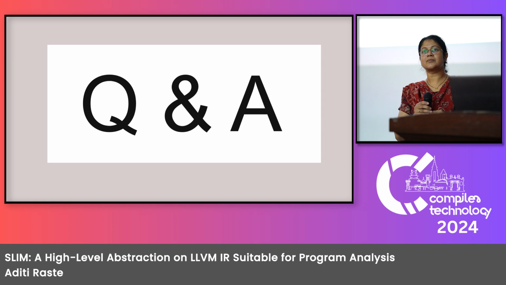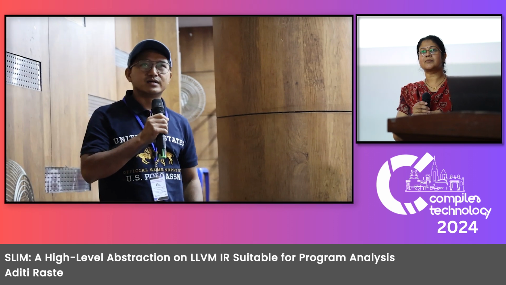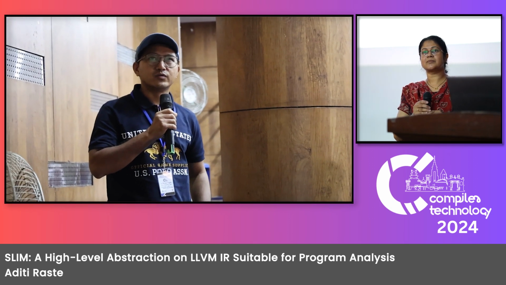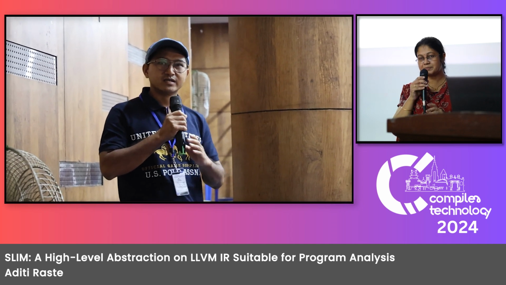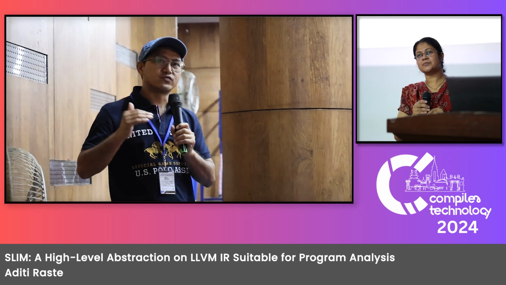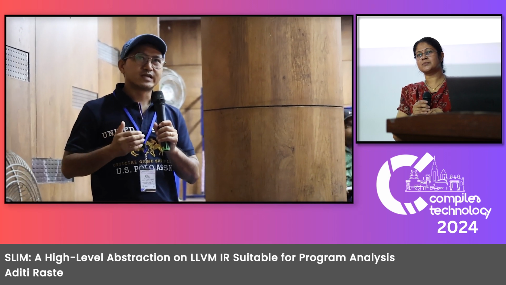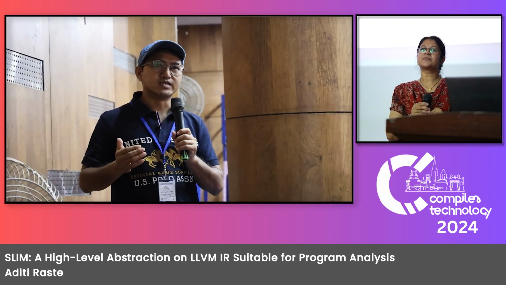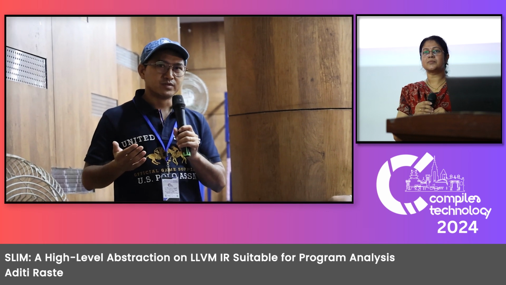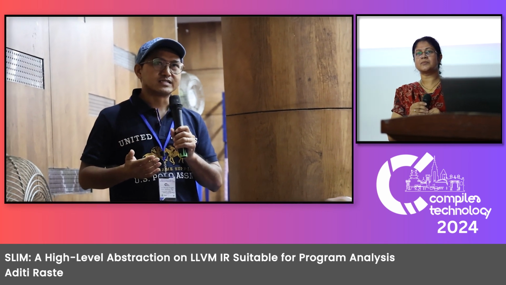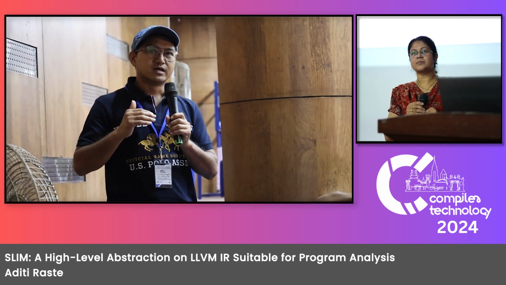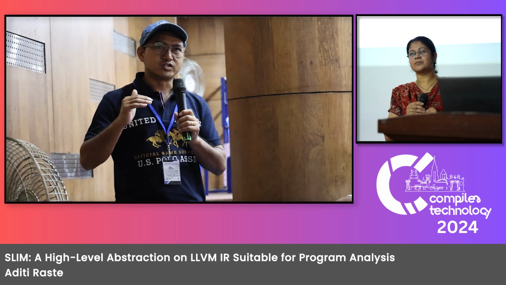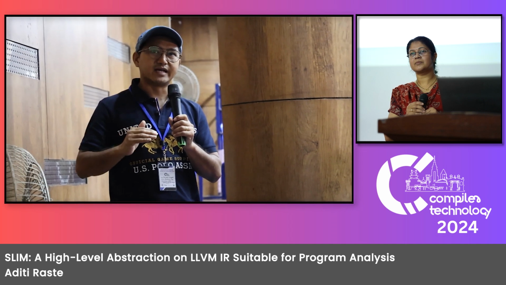So, interesting talk, and I think you are doing an abstraction after LLVM IR, right? So what about the information from the source? Basically, when we are doing analysis at LLVM, sometimes we are losing the source information. And there are people working in this area, like Trail of Bits, working on VAST, which is basically an MLIR dialect which bridges the gap between Clang AST and LLVM IR, right?